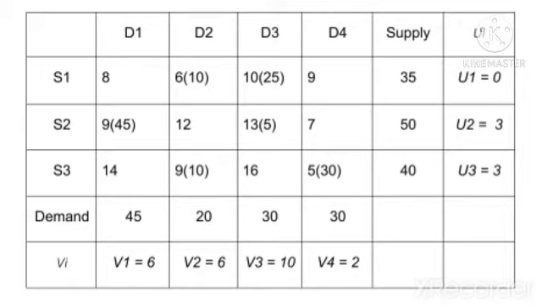Now we have values for every Ui and Vj. U1 is equal to 0, U2 is equal to 3, U3 is equal to 3, V1 is equal to 6, V2 is equal to 6, V3 is equal to 10, and V4 is equal to 2.